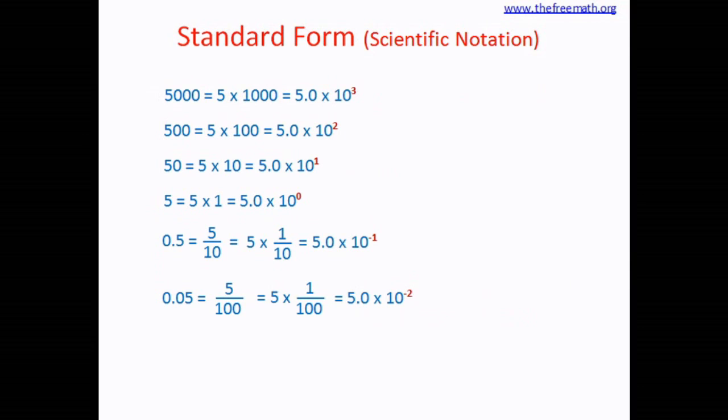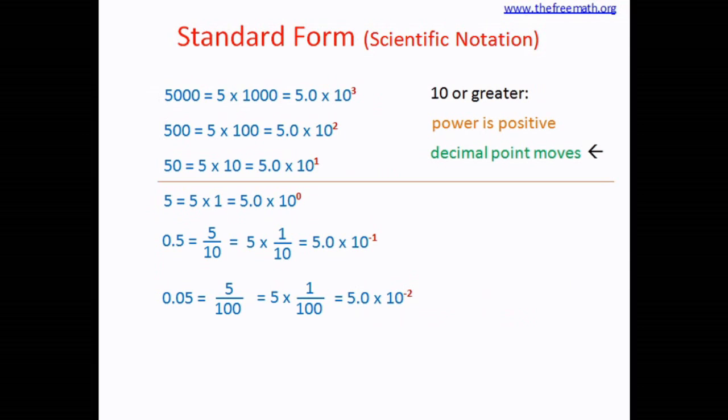Now look at all these numbers carefully. The first three numbers are greater than 10. So when the number is 10 or greater, you always have a positive power. The power is always positive. And the decimal point moves to the left.